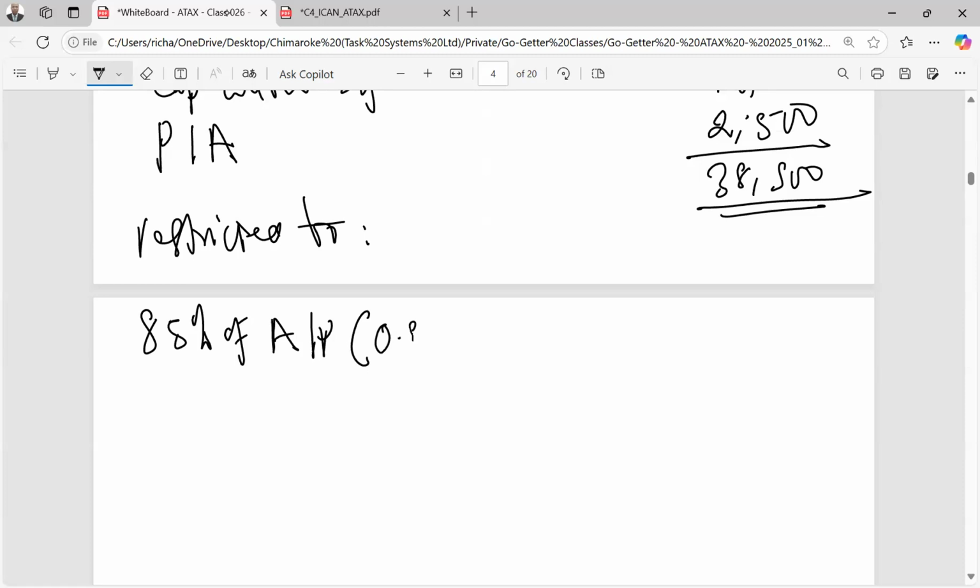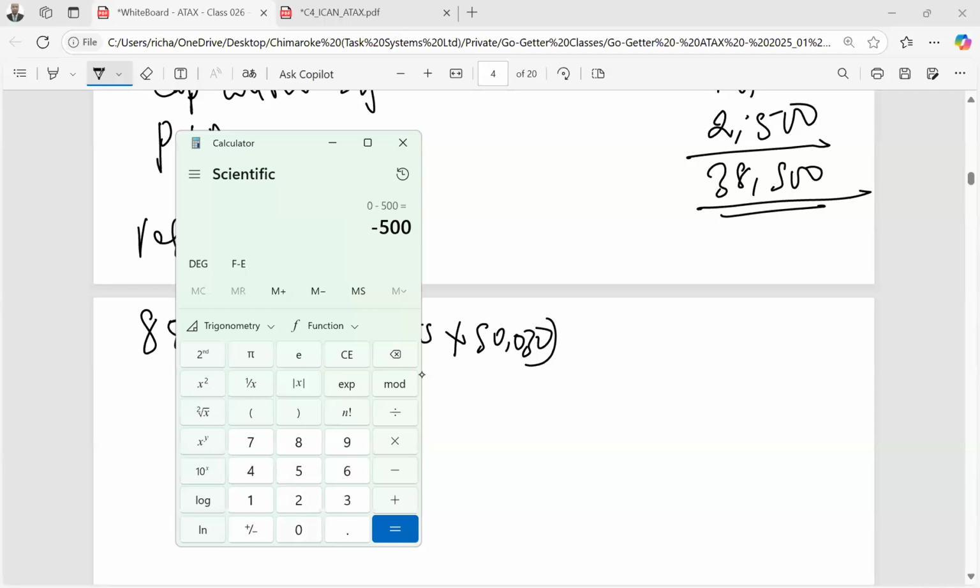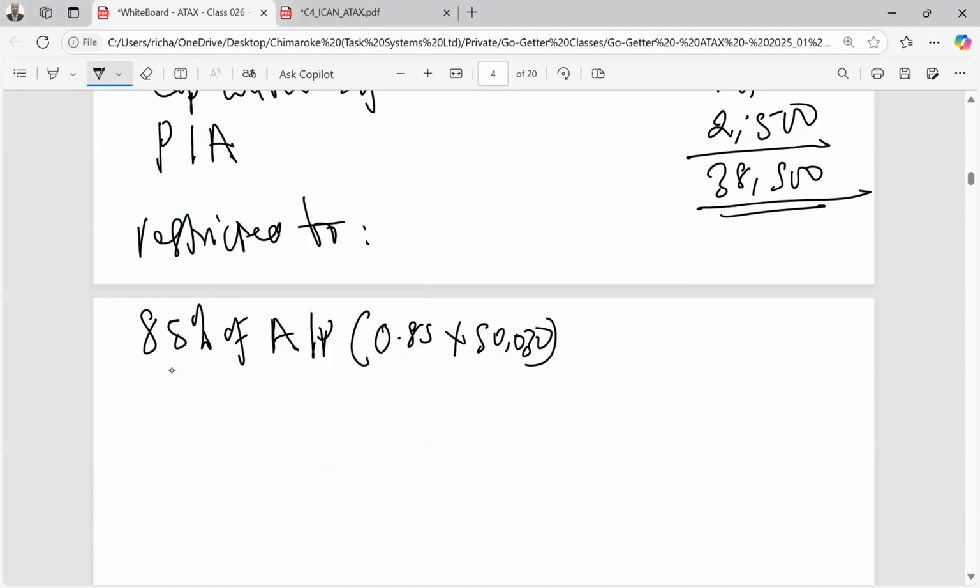So 0.85 times 50,030. Look for 85% of it. That gives me 42,526.